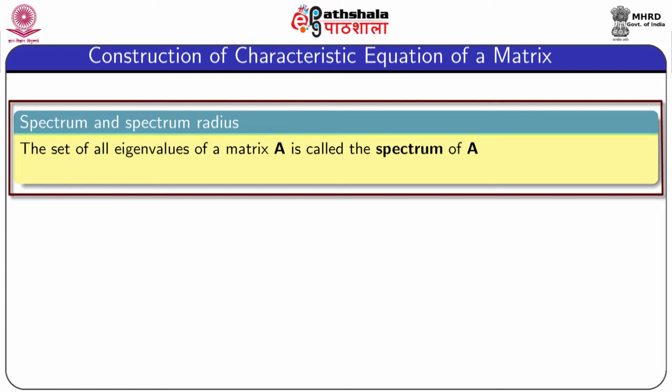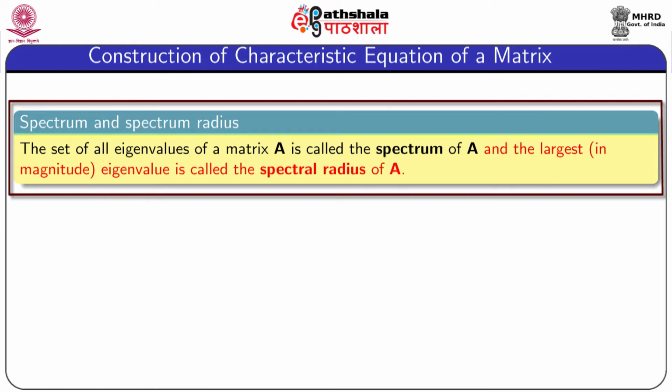The largest in magnitude of these eigenvalues is called the spectral radius of the matrix A.